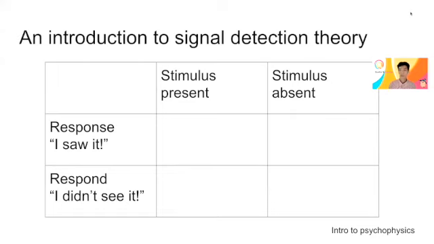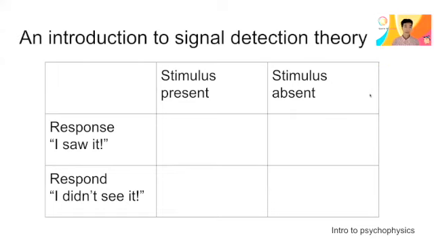In signal detection theory, we categorize the trials in 4 ways. First, we categorize the trials into stimulus present or stimulus absent. So that's trial categorization. Another way to categorize a trial is the response: yes, I saw it, versus no, I didn't see it.